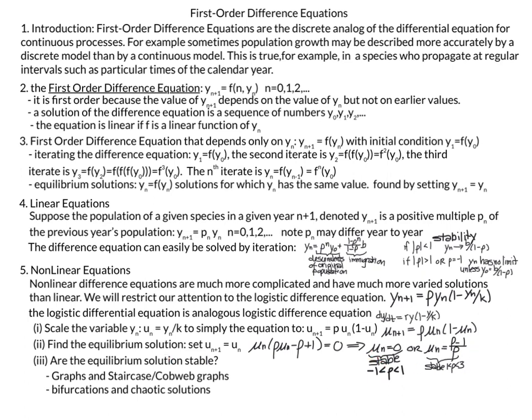And this is what we found for the logistic difference equation, that mu_n equal to 0 is a stable solution for rho between negative 1 and 1, and mu_n equal to (rho minus 1) over rho is a stable solution for rho between 1 and 3.